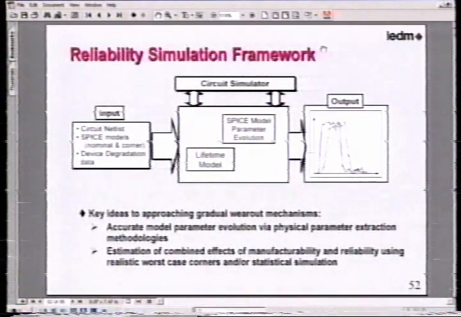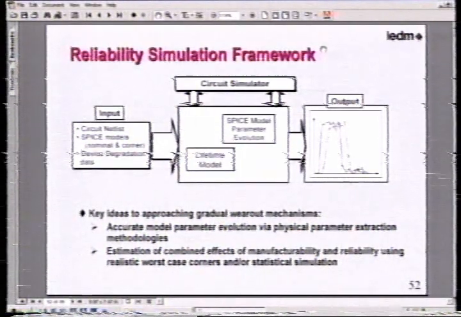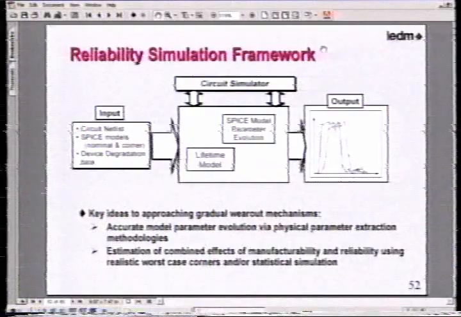Final thing is that the NBTI impact on the circuit is really circuit dependent. It's just not purely a matter of looking at the device. So what we did to address this problem is essentially borrow a page from what we had done for the parametric simulation. If you think of the statistical SPICE model, we are talking about variability that does not change across time. We are talking about a static variability. I talked about monitoring the SPICE model through appropriate test structures so that you can update your SPICE model.